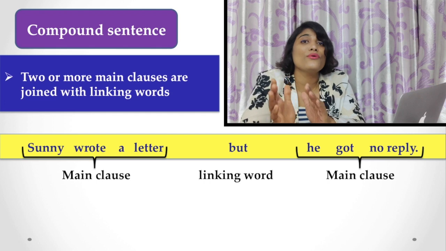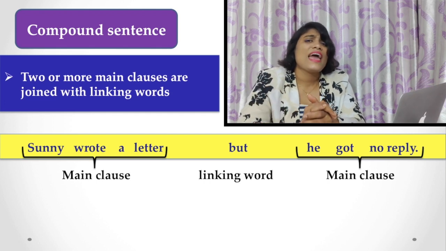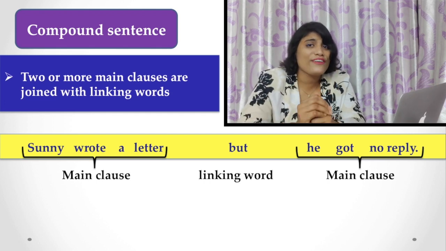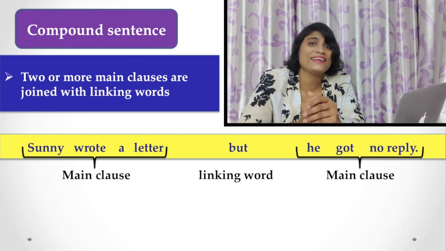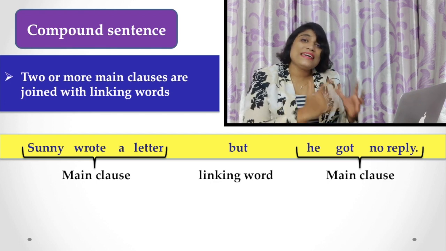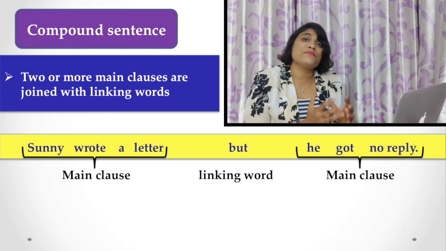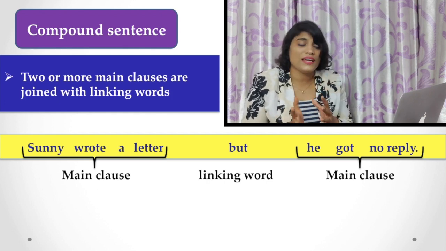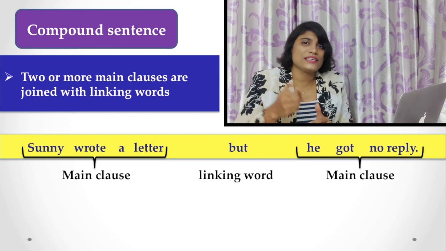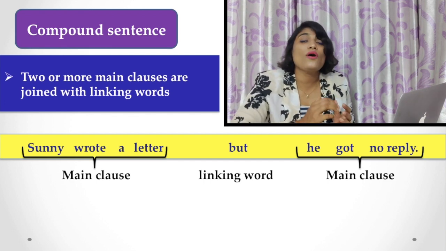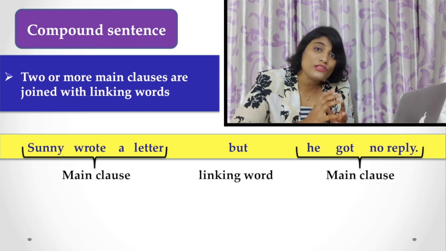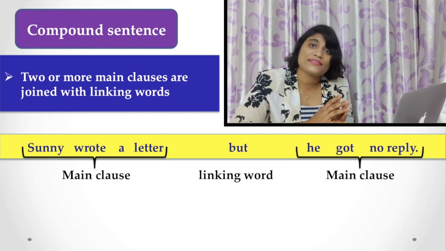He got no reply. Another important and interesting thing about compound sentences is that these main clauses have their individual meaning. If I say Sunny wrote a letter, this is a grammatically correct sentence. He got no reply, this is also a grammatically correct sentence.